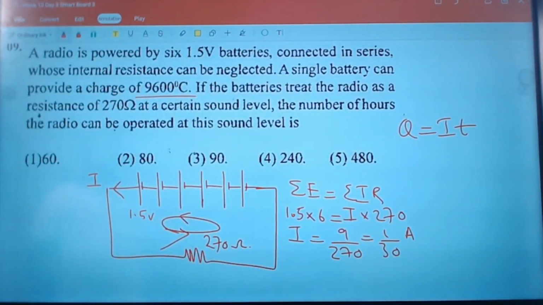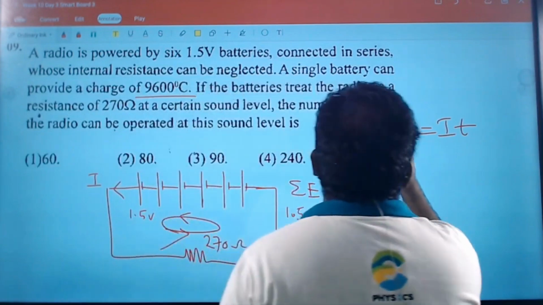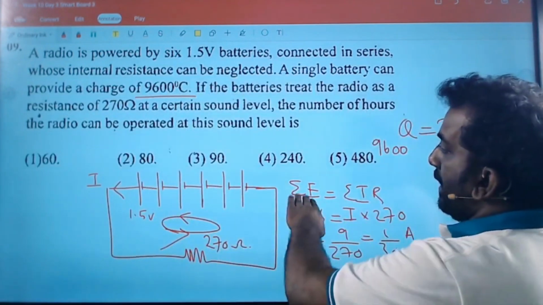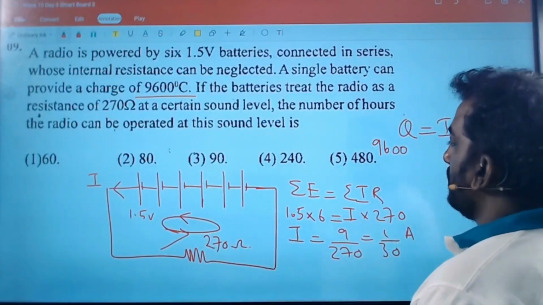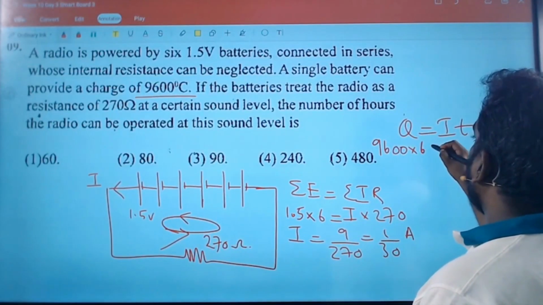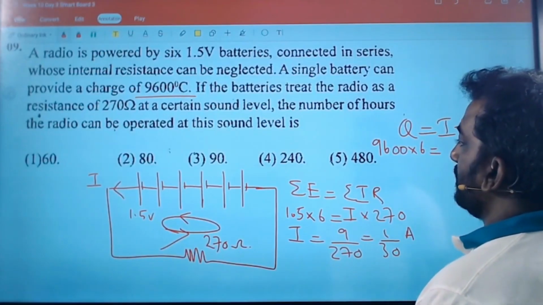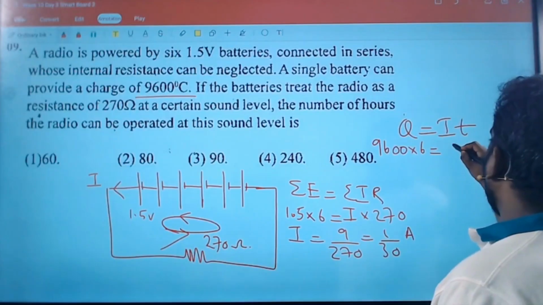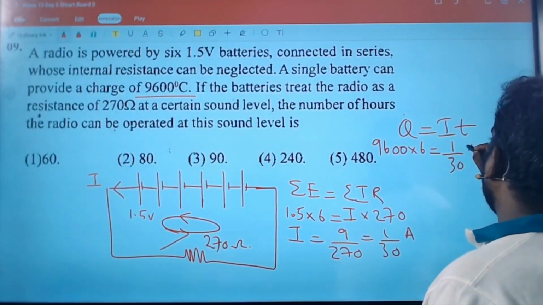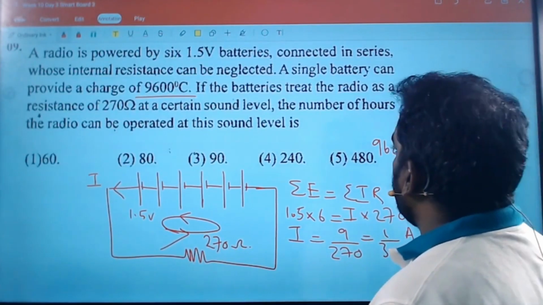Now, one battery 9600 coulomb. Connection in series means if one gets weak, the other will work. 9600 times 6. Current 1 over 30 times 9.